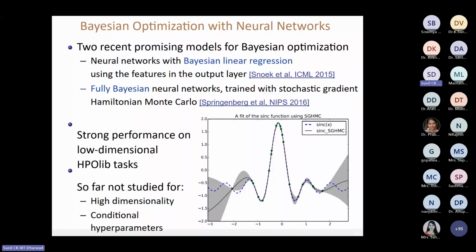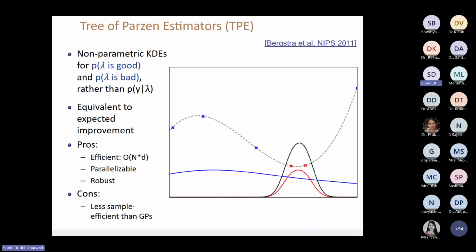For high dimensionality and conditional hyperparameters, the tree of Parzen estimators is one of the things used. Before that, some of the available tools are like SMAC, one of the frameworks used in Bayesian optimization, which uses certain algorithms to enable the prominent frameworks.